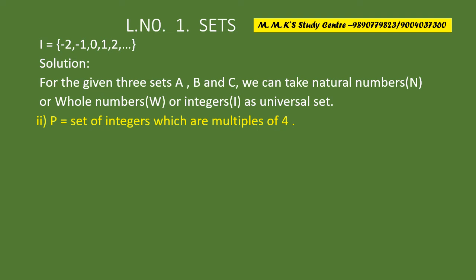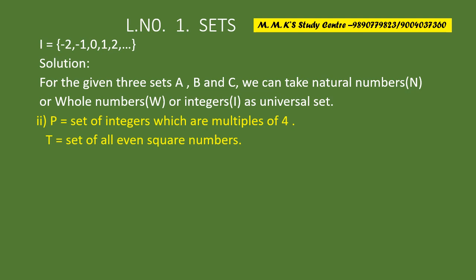P is a set of all integers which are multiples of 4. Means the P set we have to take contains the table of 4. And T is a set of all even square numbers. Means we have to take squares, but that square should be even.